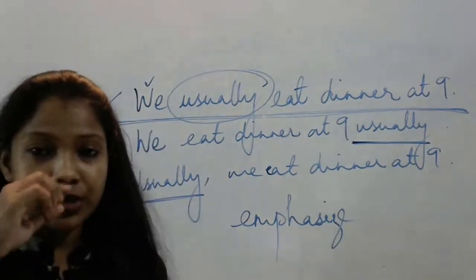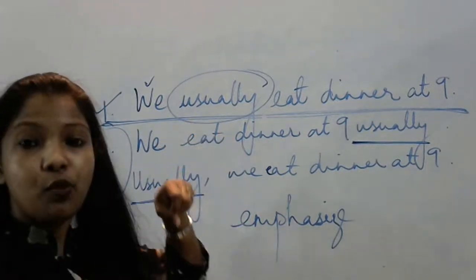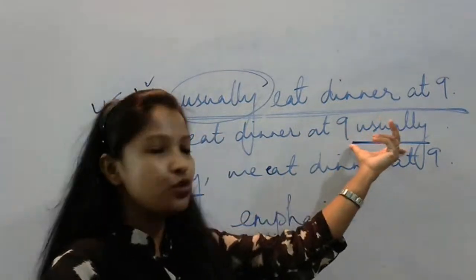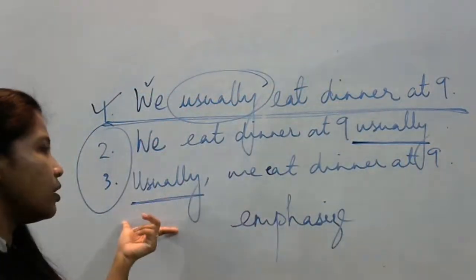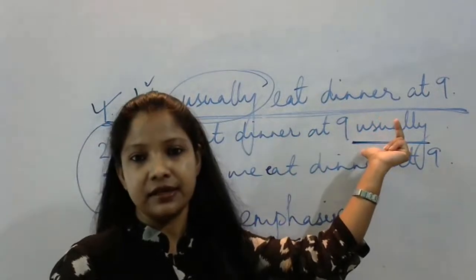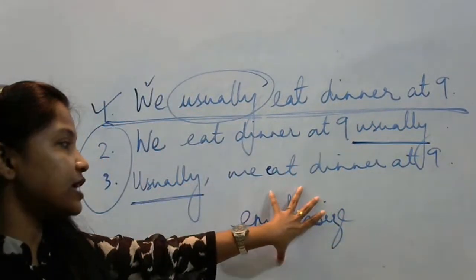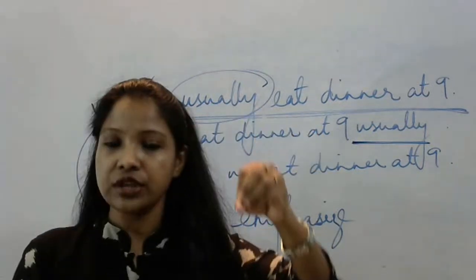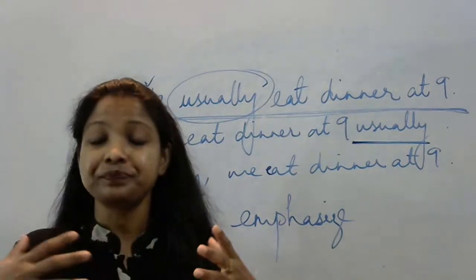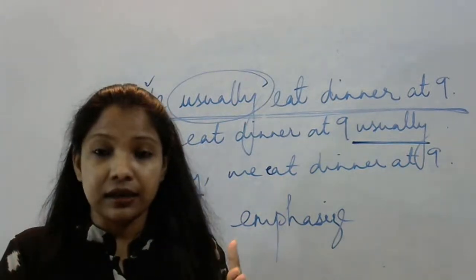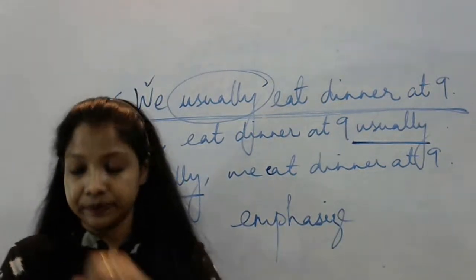Emphasize means जब आप कोई चीज को जोर देकर बोलते हो. When you want to put more emphasis on the word, usually we either place it in the beginning or at the end. I hope it is correct. Now, if you ask me what is emphasize, आप सिर्फ इतना याद रखो, कोई चीज को जोर देके बोलना, ज़्यादा forcefully बोलना. Like, I'll give you an example.